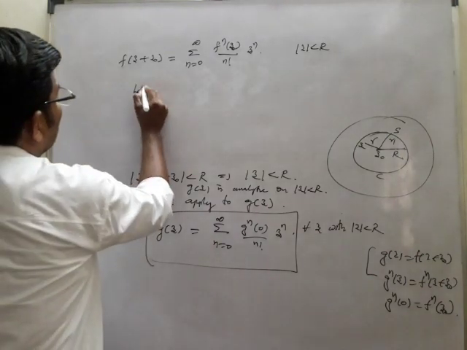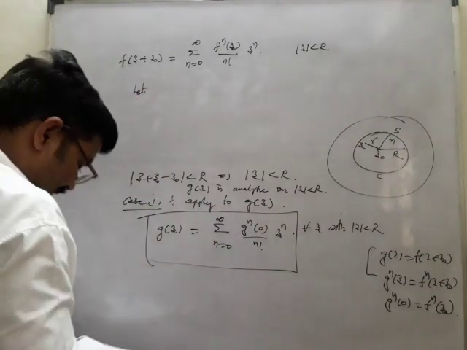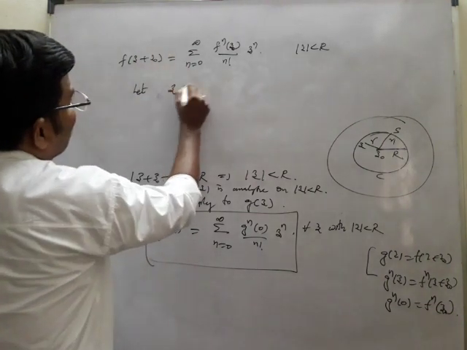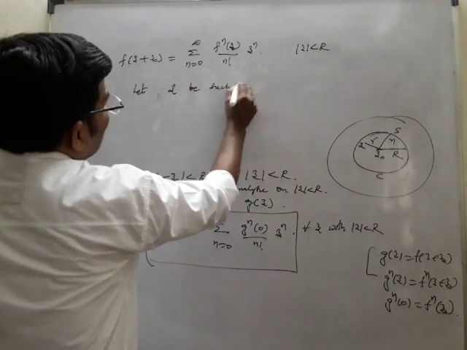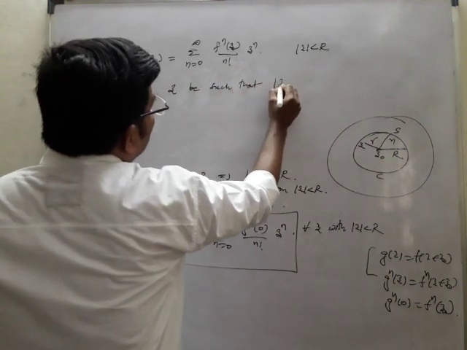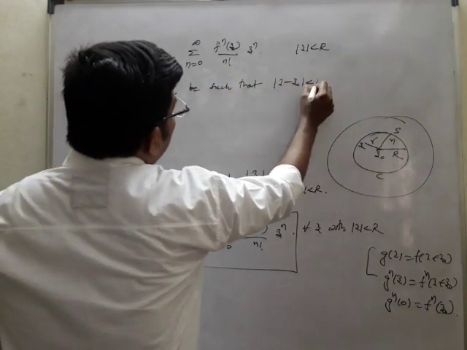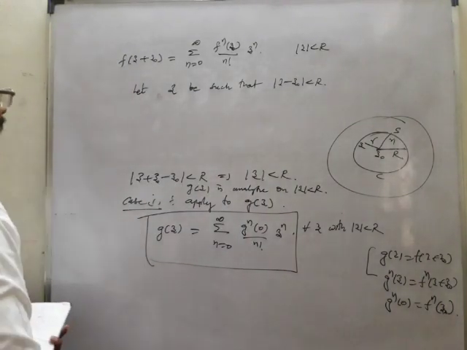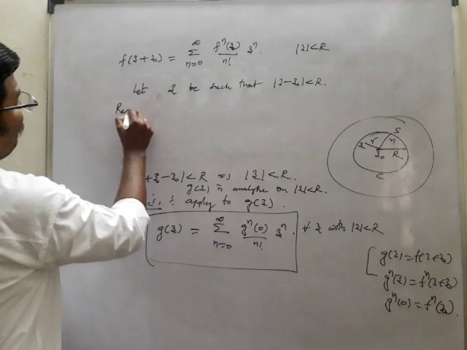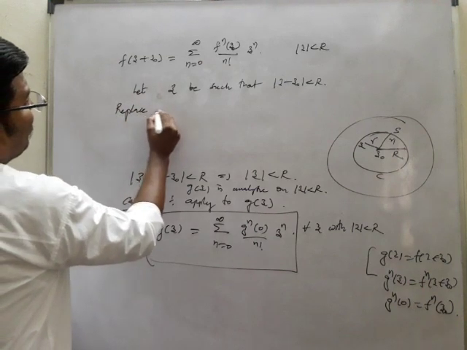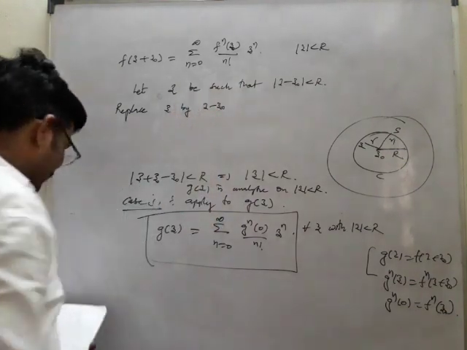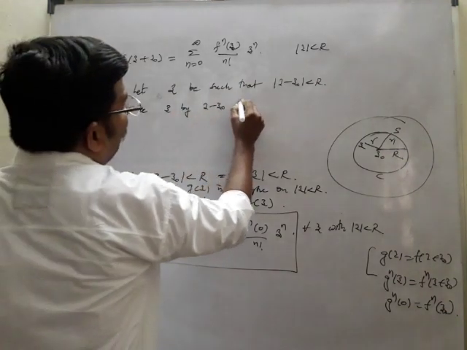Now we'll choose z such that mod z minus z naught is less than r. So now you just replace z by z minus z naught in the above.